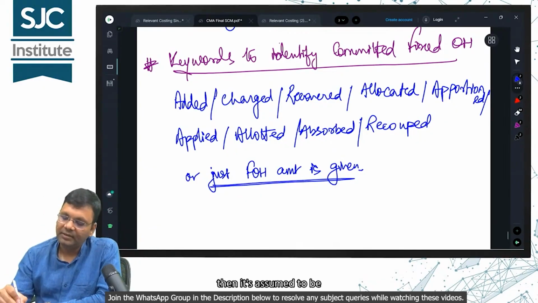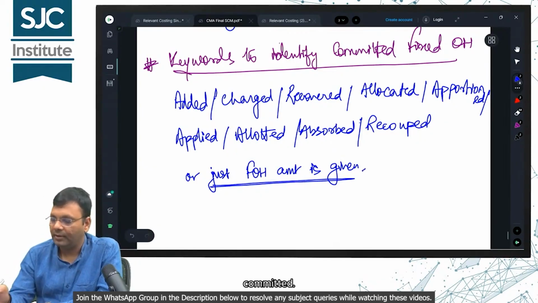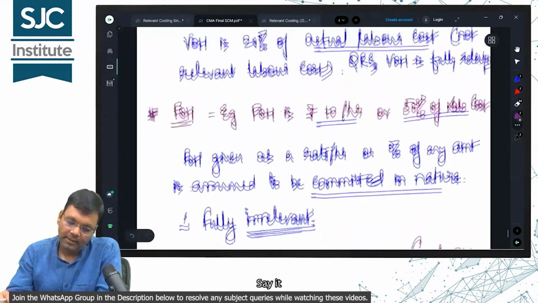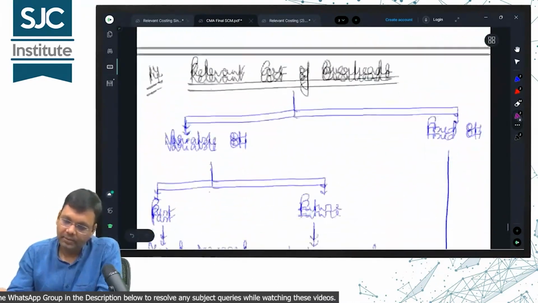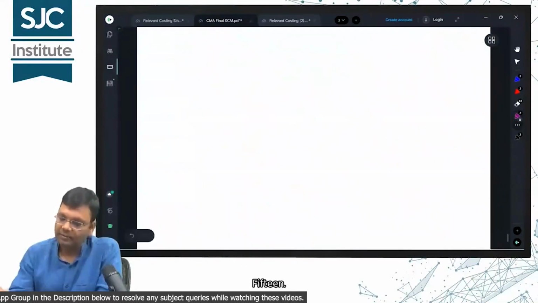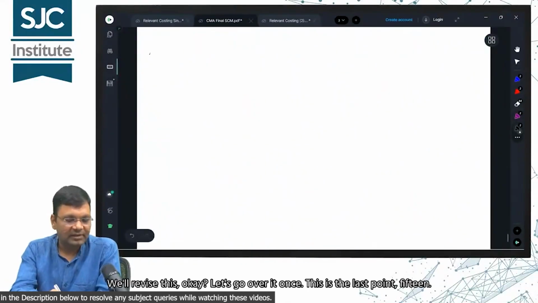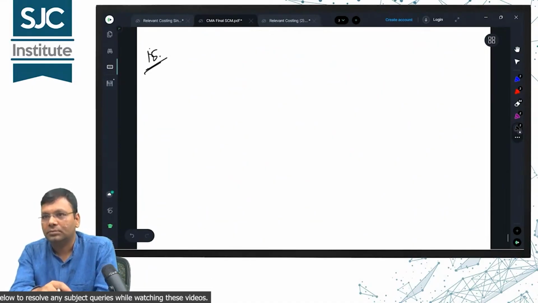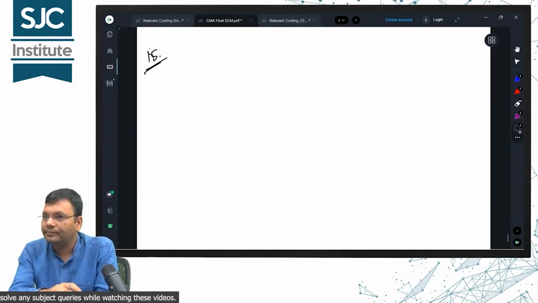Again, then it's assumed to be committed. Say it. 15. We'll revise this, okay? Let's go over it once. This is the last point, 15. This is the last point of your notes.